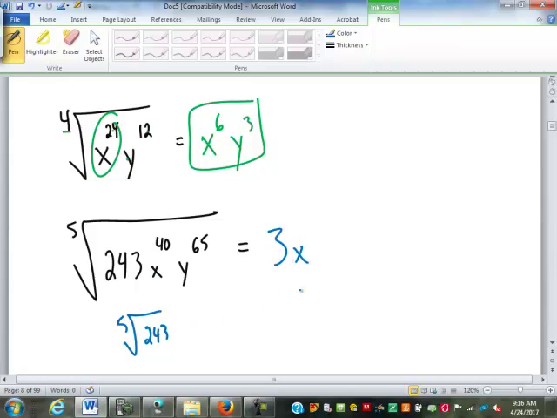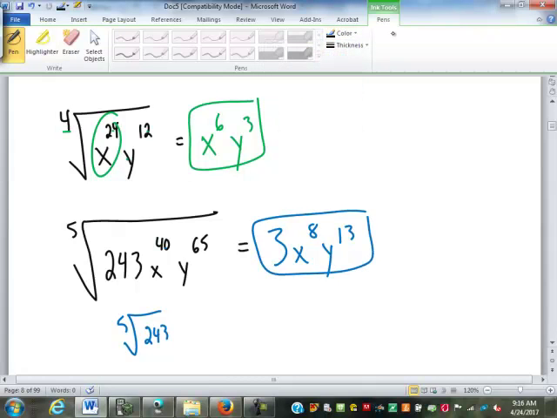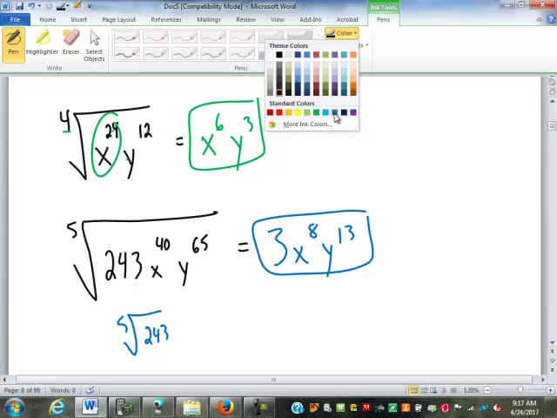It'll be x to the 40 divided by 5 is 8. And then y to the 65 divided by 5 is 13. Very good. Don't divide the first number. Correct.